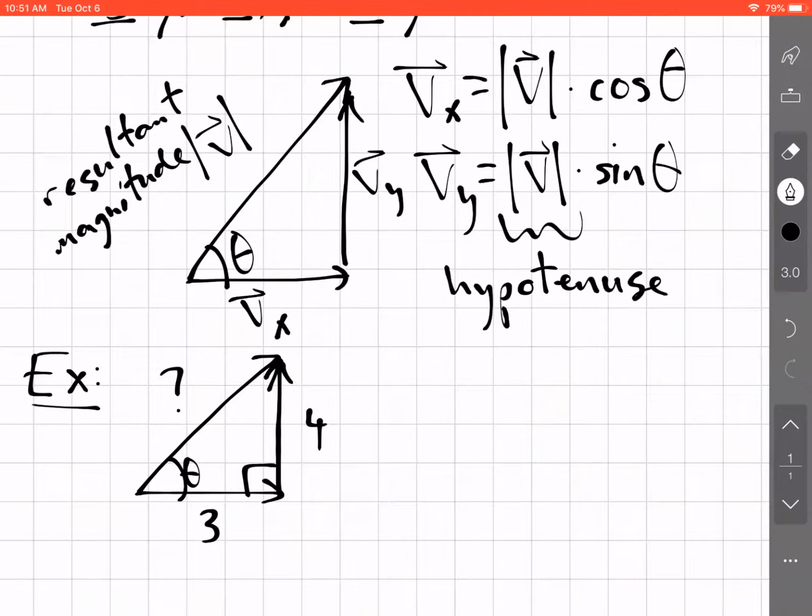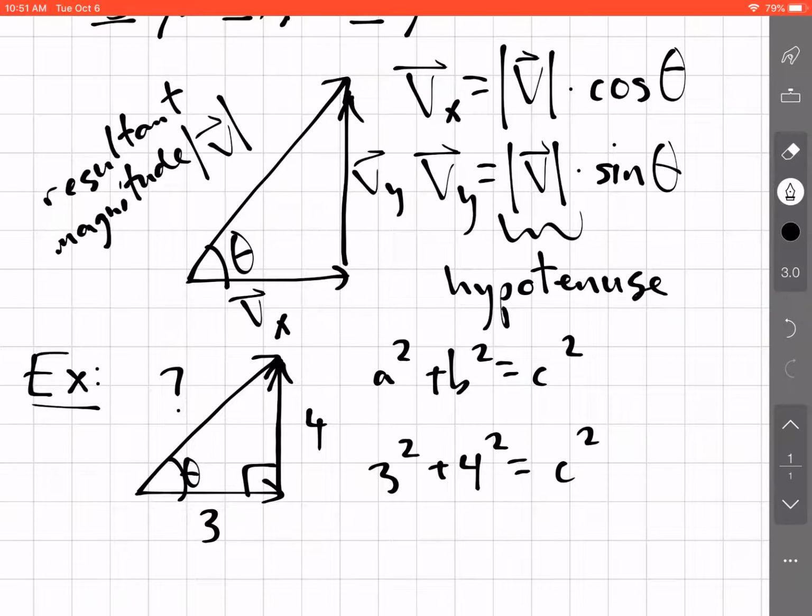Remember, the Pythagorean theorem is a squared plus b squared equals c squared. So I'll take 3 squared plus 4 squared equals c squared. We add these up, this ends up being 25 equals c squared, and c is 5. So don't forget about the Pythagorean theorem when dealing with our right triangle trig and vectors.